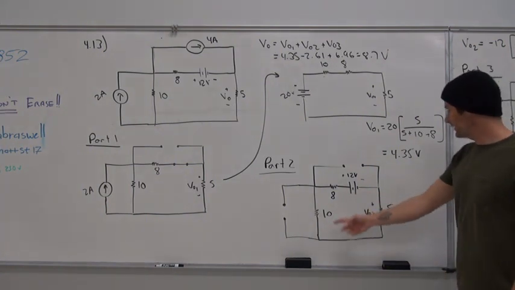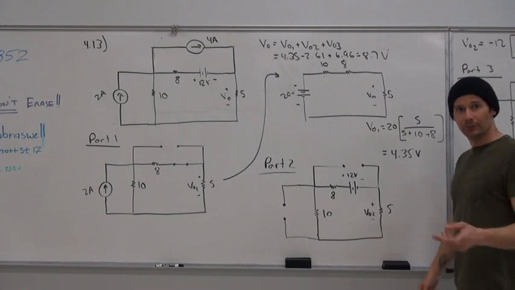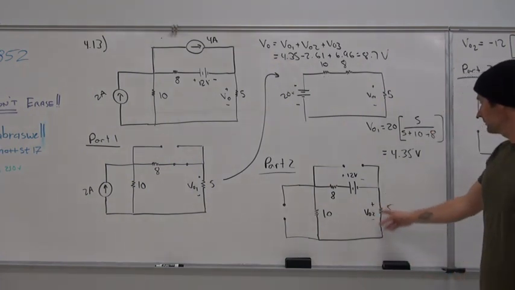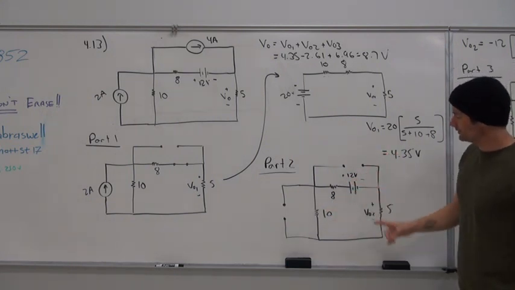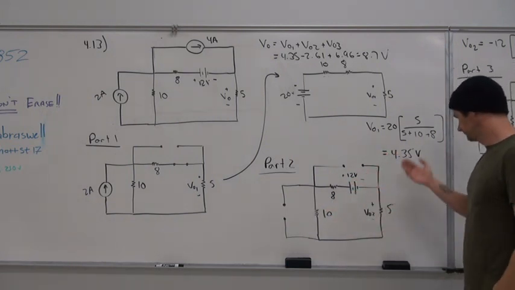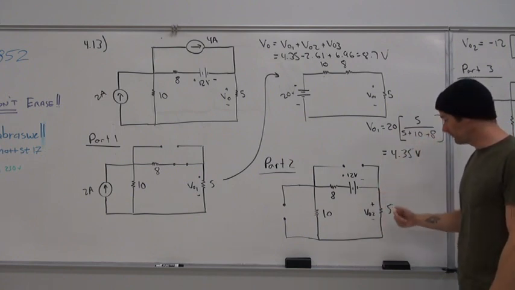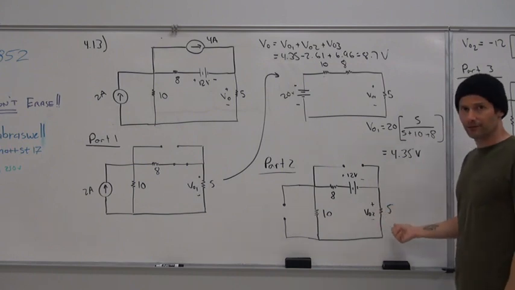And so within this single closed loop, we can easily perform voltage division. Now, if we go around the closed loop, by passive sign convention, current has to go into the positive terminal of the 5 ohm resistor.